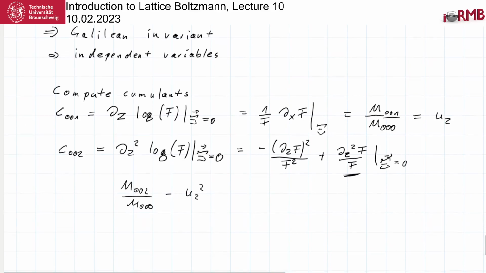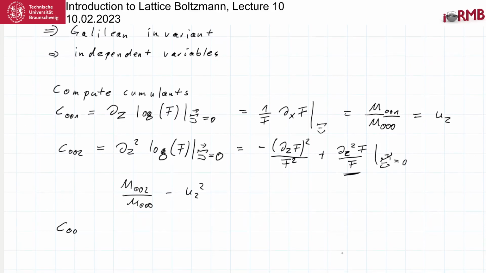And if we look at the trace, the sum of the diagonal parts in the tensor of the second moments, and add them together, because now we subtract the velocity and divide by density, what is left is the temperature.